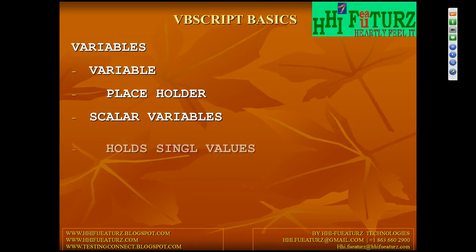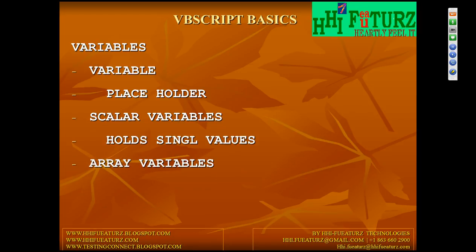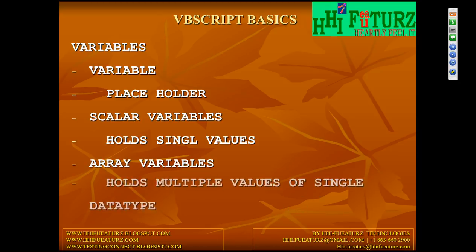In any programming language you go for, you will come across two types of variables. What are those? Scalar variables and array variables. What do you mean by scalar and array variables? Scalar variables hold single values.